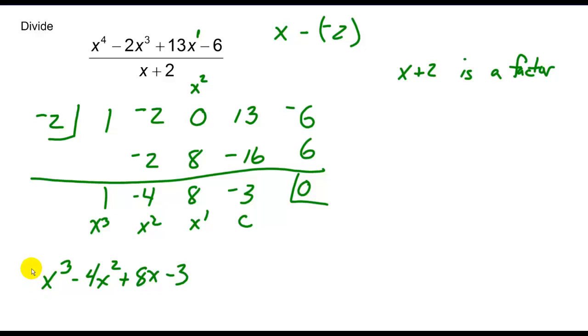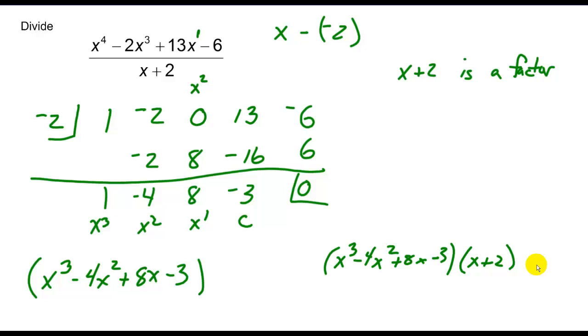That's my solution, and I also know that x cubed minus 4x squared plus 8x minus 3 multiplied by x plus 2 is going to be equal to x to the fourth minus 2x cubed plus 13x minus 6.